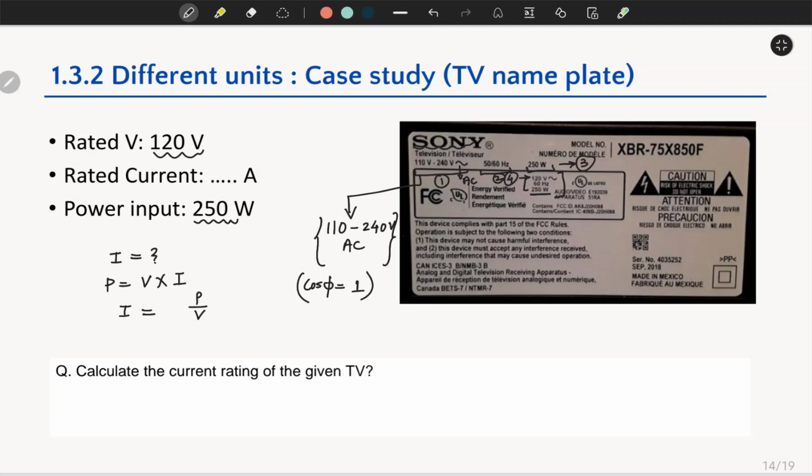So by this assumption, I get 250 divided by 120, which gives me 2.08. So my current will be 2.08 ampere.